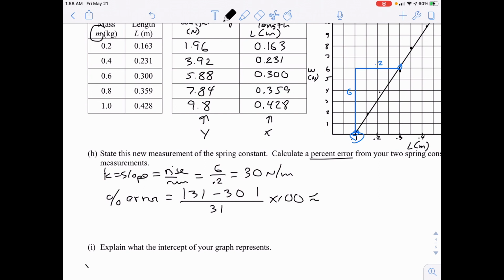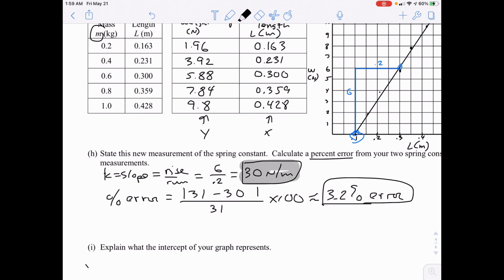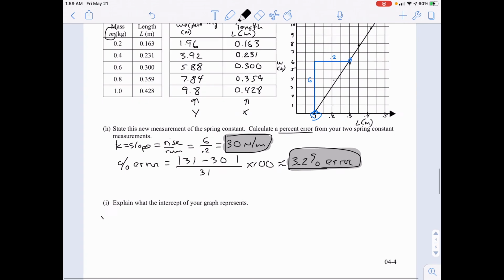So essentially 1 divided by 31 times 100, about 3.2% error. In other words, this right here is just showing how reliable it is to get the same result two different ways. Very reliable since you get very minimal error.